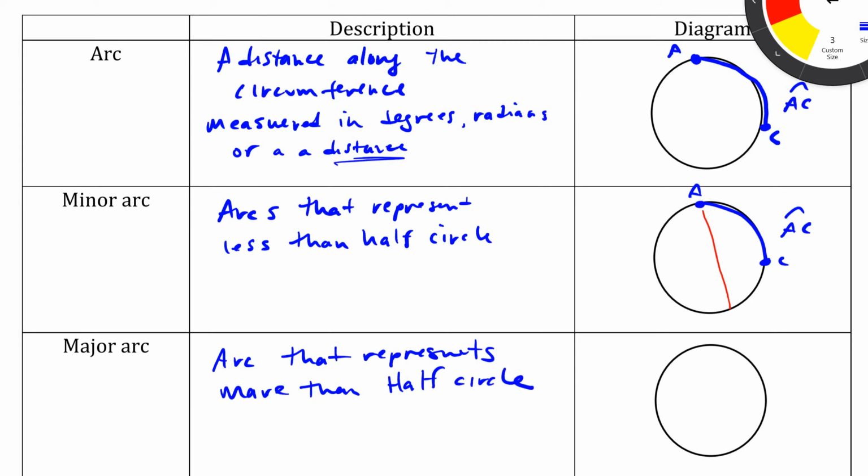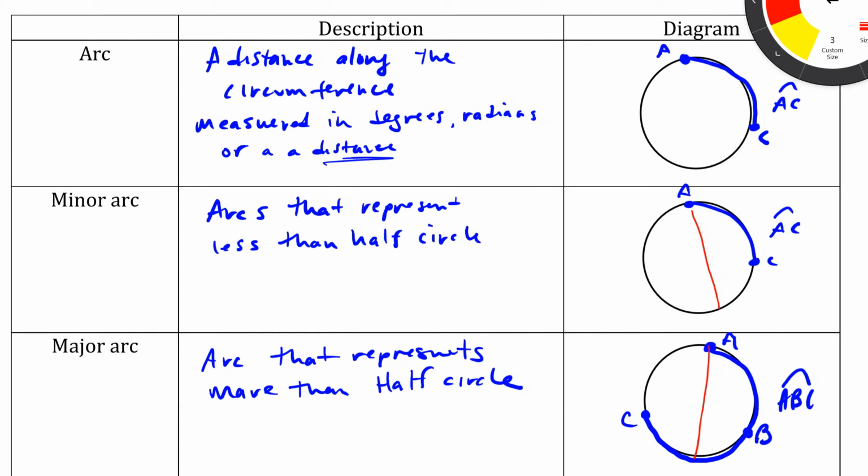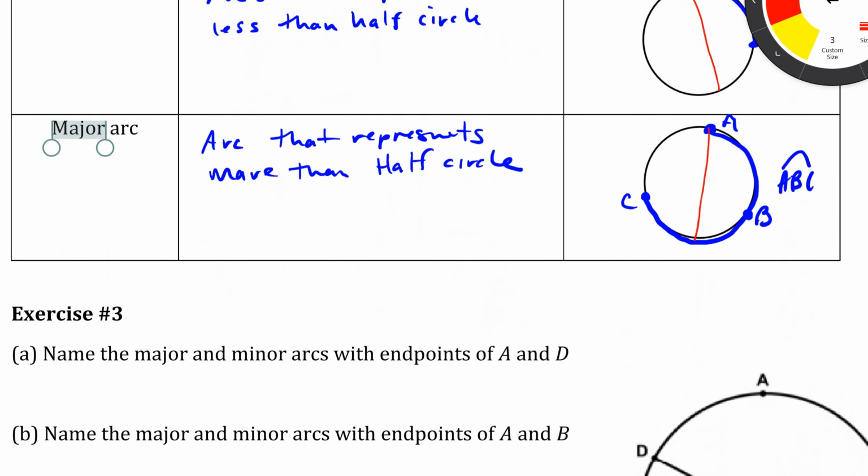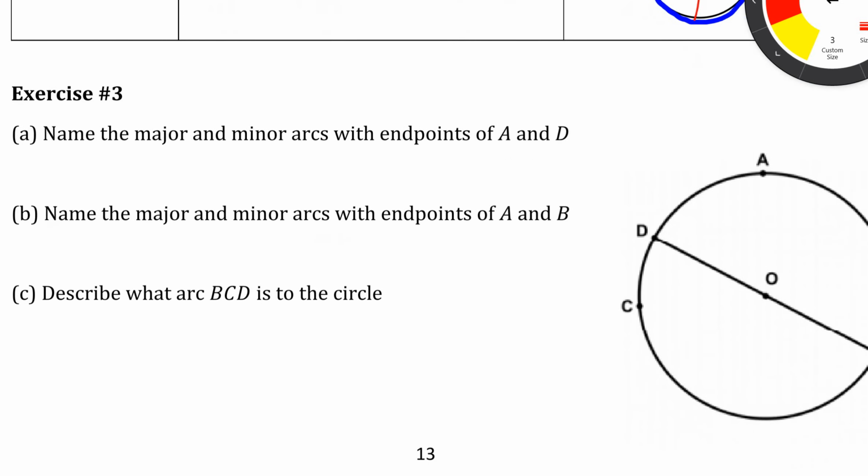So if I was to make an arc start here and go all the way around to here, I could even use a third letter to show it and say arc ABC. Notice, again, that would be way more than half the circle. So one of the first things we have to be able to do with arcs is be able to identify the type of arc that we have. They're usually pretty straightforward.